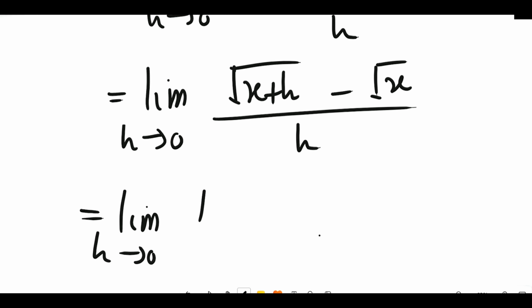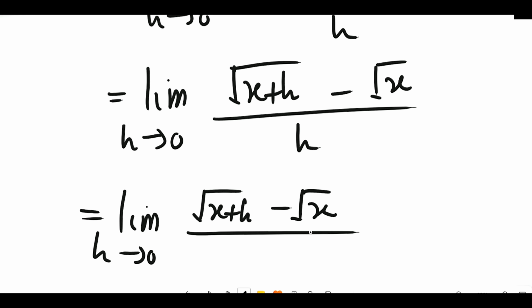So we are going to get square root of x plus h minus square root of x all divided by h, then multiplying the conjugate of the numerator.